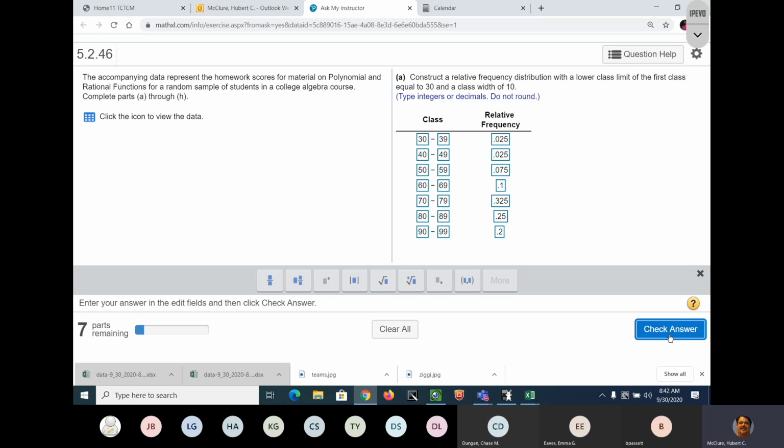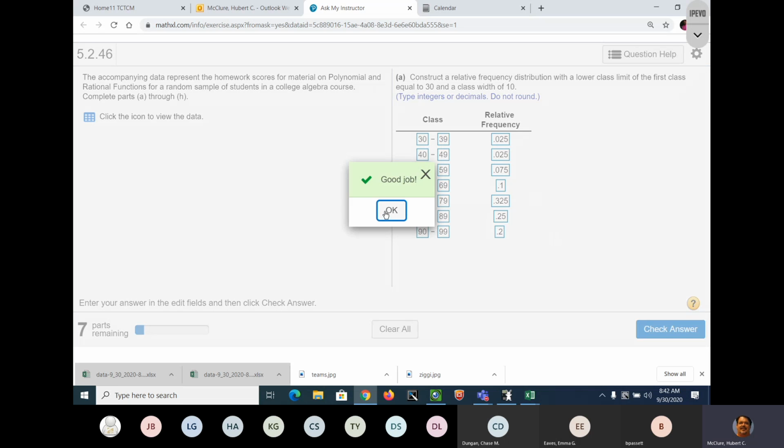And check answer. And now we've got B through Z.